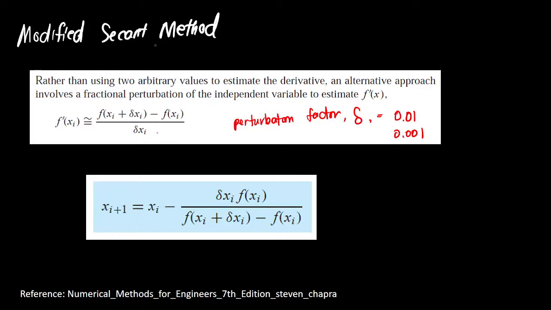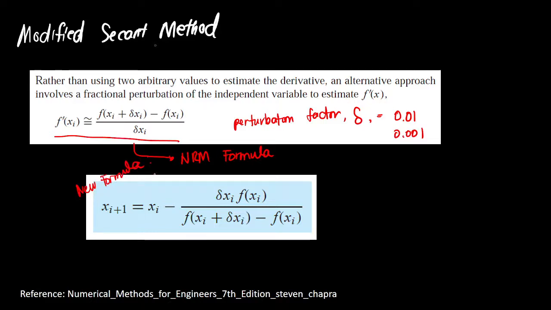So we have this value for your derived function. Then we put this into the Newton-Raphson method formula, then modify the formula again in such a way that you create a new formula for the new root.